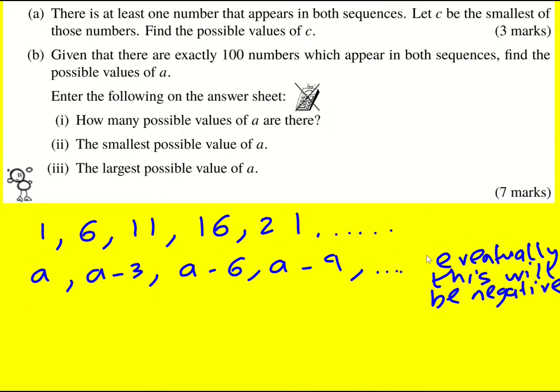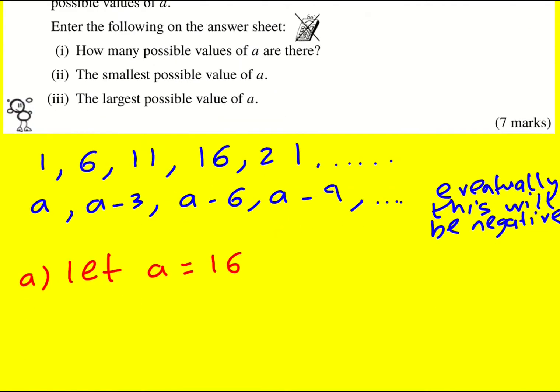So I think a good approach here is just to try some numbers out. So I just went with this. I let A equal 16 because then I'm guaranteed to get 16 in my sequence, and then it would be 13, 10, 7, 4, 1, and it's going to become negative.